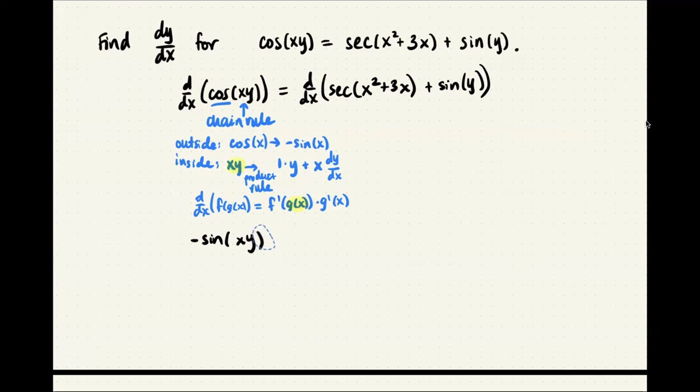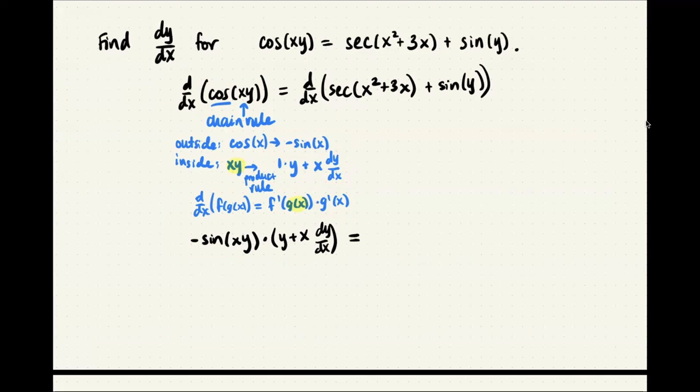That's the derivative of the outside with the inside plugged in, times the derivative of the inside function. We just took that derivative, so times (y plus x dy/dx). Okay, so that is the derivative of the left-hand side of this expression.